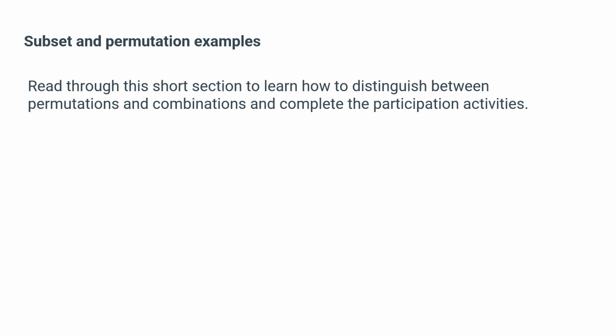So normally I don't say be sure and read the zyBooks section because I tell you everything that's in there, but I'm going to leave it to you to read through it. It's pretty short. Read through it so that you can kind of get an idea how to distinguish between permutations and combinations, and then do go ahead and complete those participation activities for that section too.